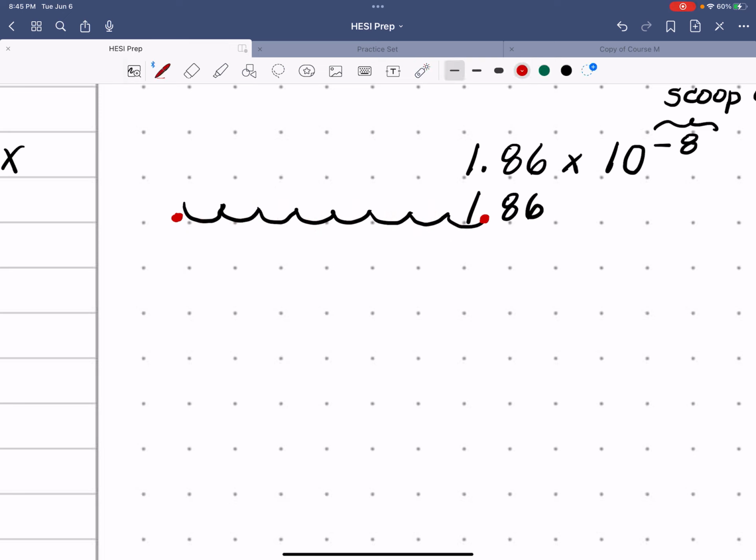I'm going to fill in the placeholders with zeros. Okay. You can also put your 0 out front if that helps you. If that confuses you, leave it off. You want to have 8 scoops.